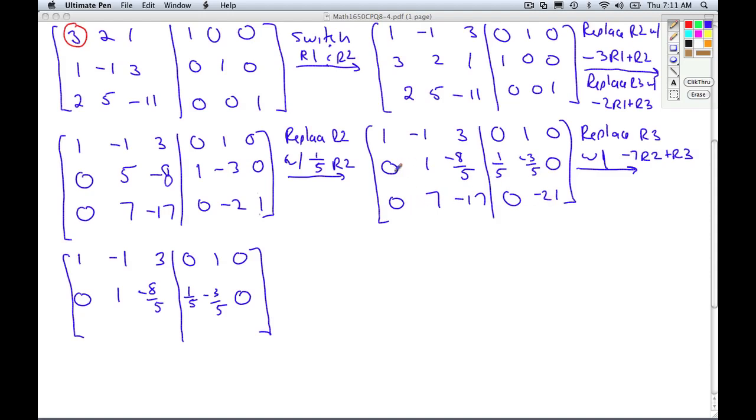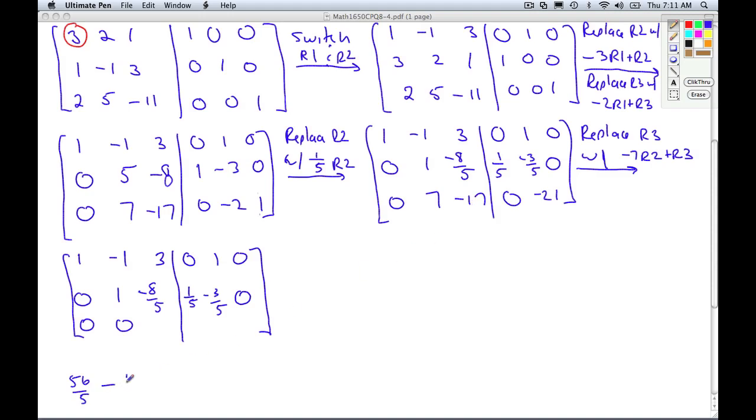So -7 times 0 plus 0 is 0. -7 times 1 plus 7 is 0. And here's the tricky one. -7 times -8/5, well, that's 56/5. Add that to -17.